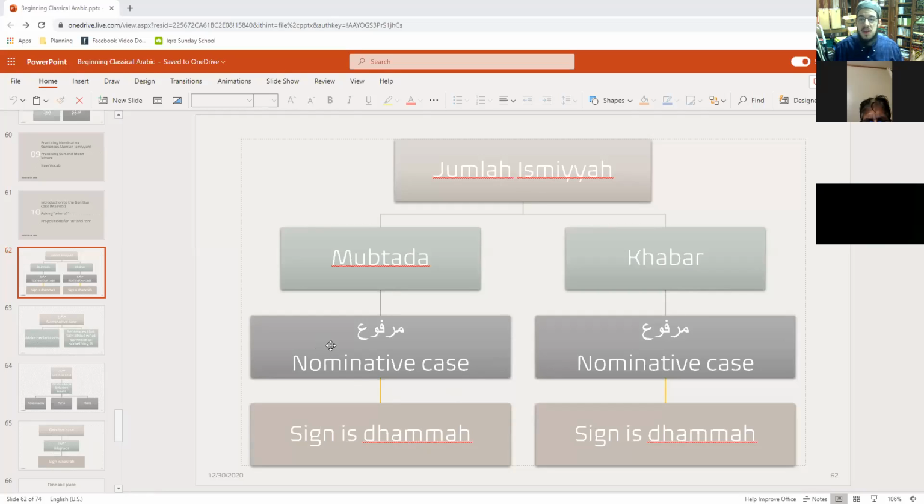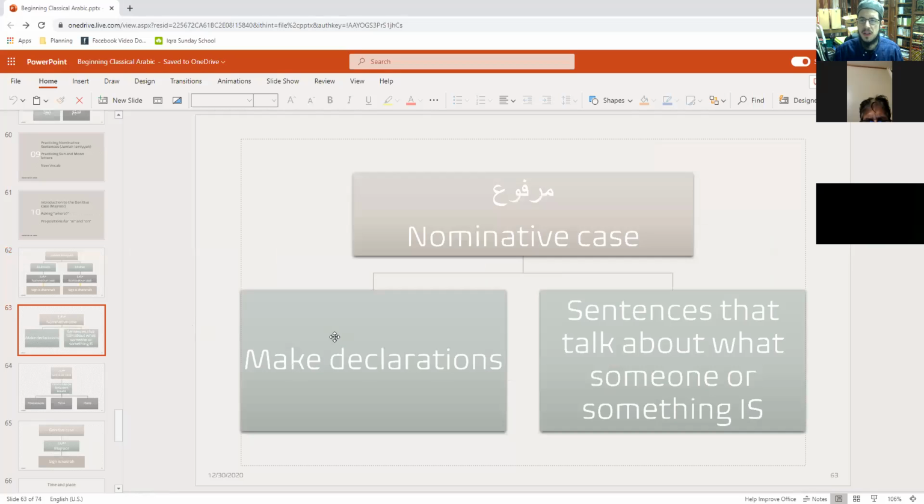Now with this type of khabar, a prepositional phrase, it's going to change for the khabar. And we'll talk about a neat thing that one of the students brought up at the end of class that will satisfy your curiosity for those of you who are really interested in the grammatical aspect of it.